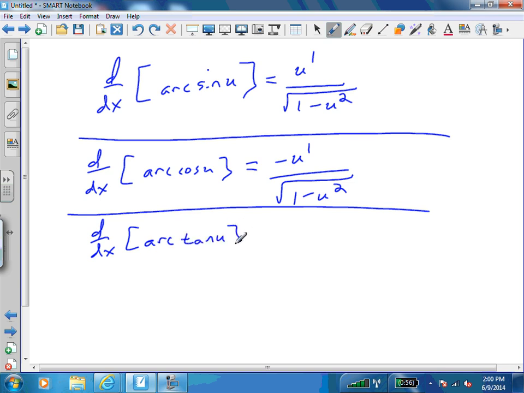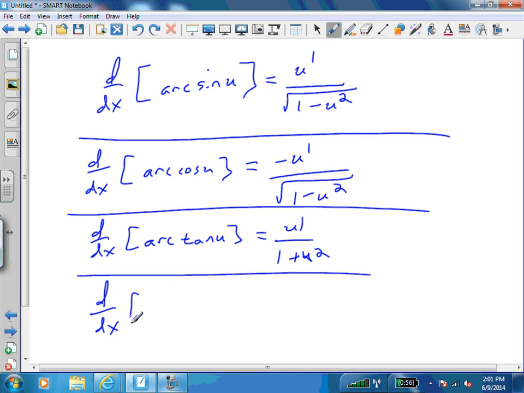The derivative of arc tangent is u prime over 1 plus u squared. The derivative of arc cotangent is the same except it has a negative in it.